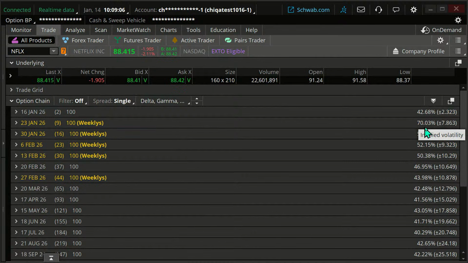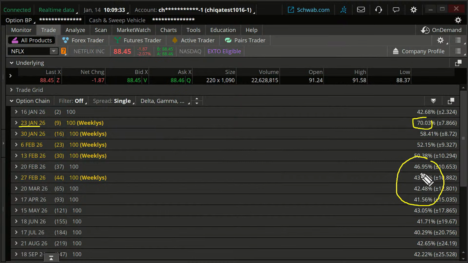It's quite likely that implied volatility is going to drop to something more akin to these implied volatilities after earnings. This is an average implied volatility for the month, but you can see the average implied volatility for January 23rd is about 70%. If you go out in time, it's in the 40s. That's a significant drop, like a 25-point drop in implied volatility.